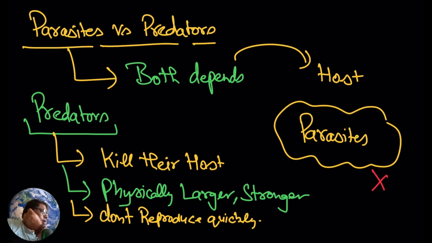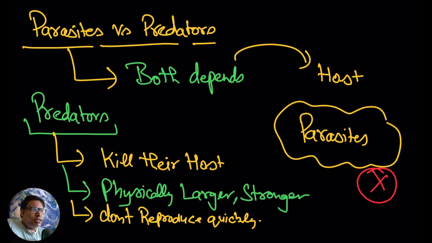In the case of parasites, generally they are not going to kill their host. Yes, they cause disease and weakness, but rarely do they cause death. So the first important point is that parasites directly do not kill their host.